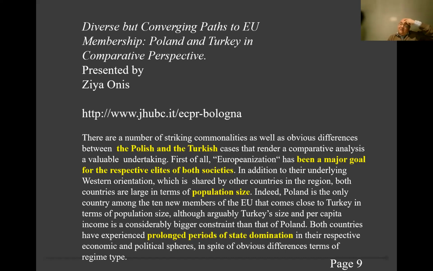I was a student of Ziya Öniş, and he was teaching political economy. He assigned us, and we discussed privatization in Turkey. We compared experiences of Turkey and the UK. Then we compared privatization experiences of Turkey and Mexico. And at the final exam, he asked, compare privatization experiences of Turkey and Mexico.